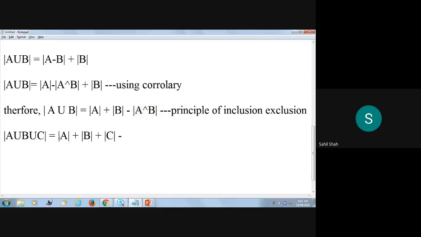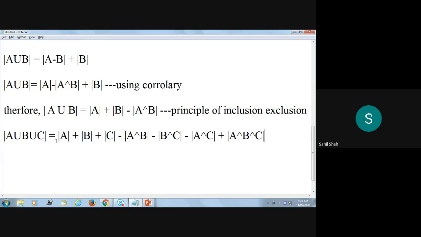In a similar manner, we first add the cardinalities of individual sets. Thereafter, we subtract the cardinalities of two-set intersections, so A with B, B with C, and next A with C. And finally, this one is important: we have to add back the cardinality of the intersection of all three.